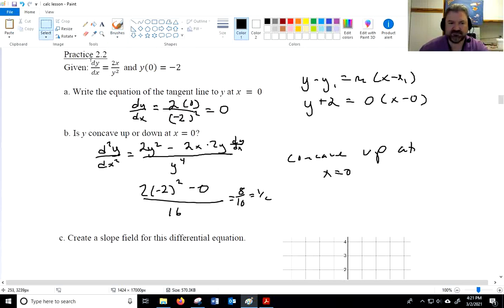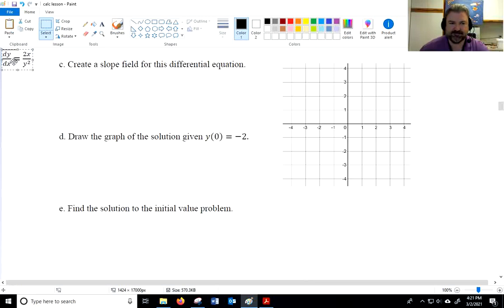Let's go ahead and grab this equation for us so I can see it a little easier down here. We can make a slope field. All right, let's make a slope field. So we can see that whenever x is 0, the slope is horizontal because the slope is 0 there.